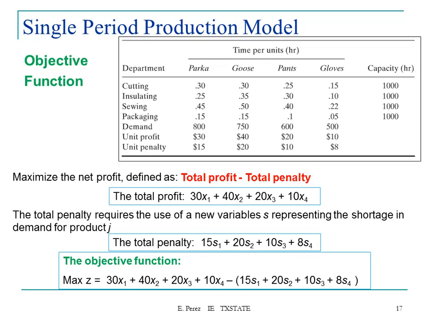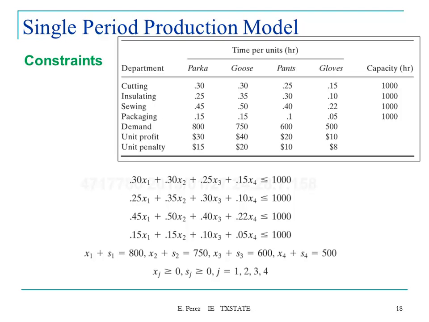So now we need to define our constraints, and I already listed them here. Let me walk you through the constraints. We have 4 constraints in terms of the capacity for each station. We have a cutting station that has a capacity of 1,000. That will be our first constraint.